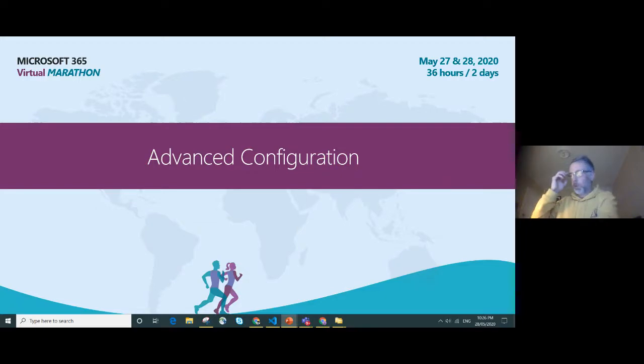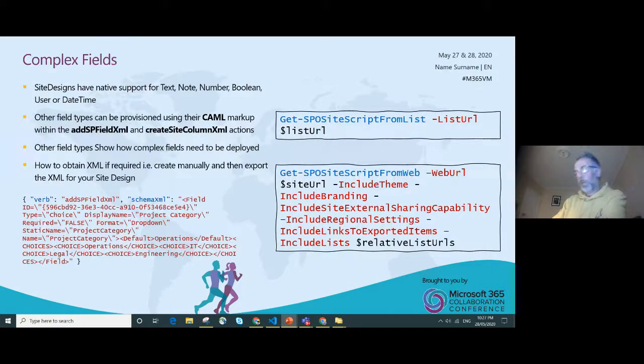Okay, we're just going to look at a bit of advanced configuration here. So a few things now. The native commands or native actions for these columns up here: your text and your multi-line text field, your number, and so forth.